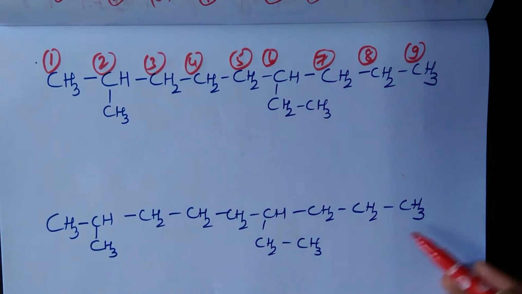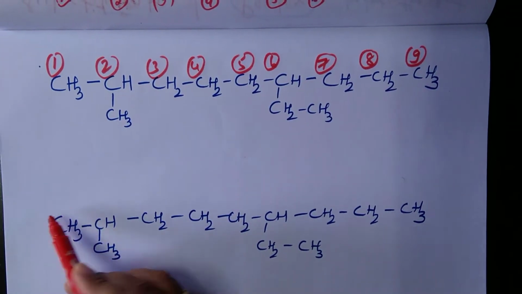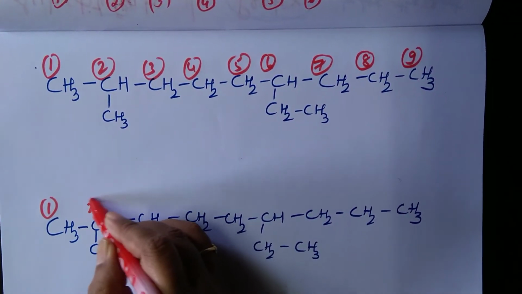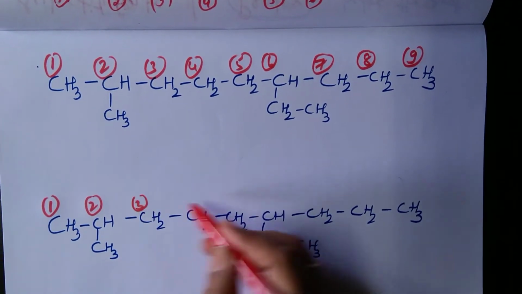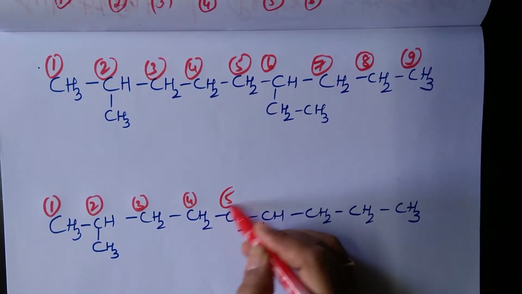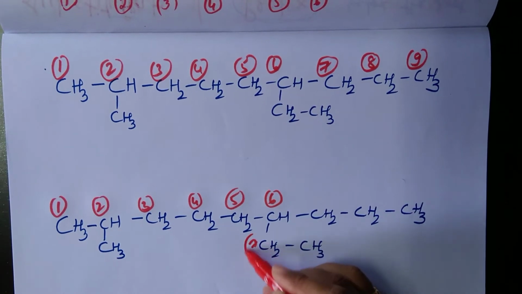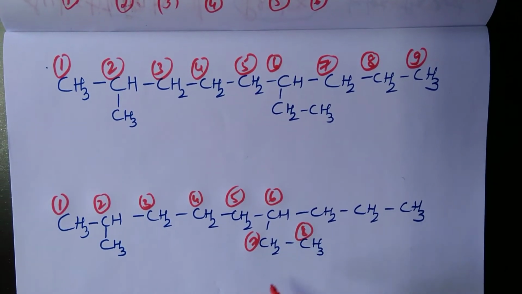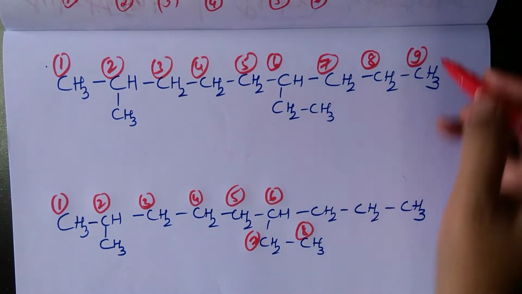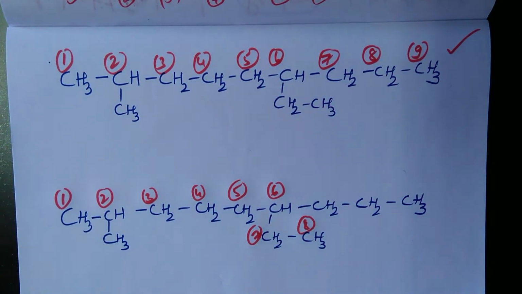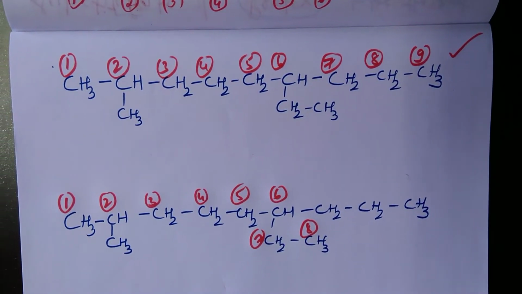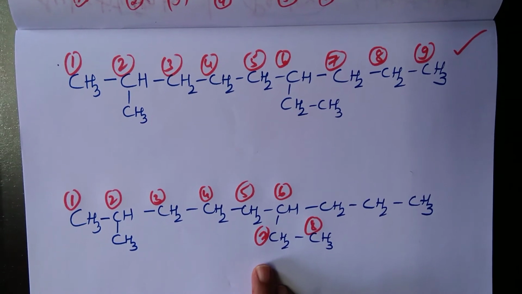If you take from this side, 1, I am going to take the branching, 2, 3, 4, 5, 6, 7, 8. So out of these 2 chains, which one is bigger? This is the longest carbon chain. So I have selected the longest carbon chain, and this is wrong method of selection.